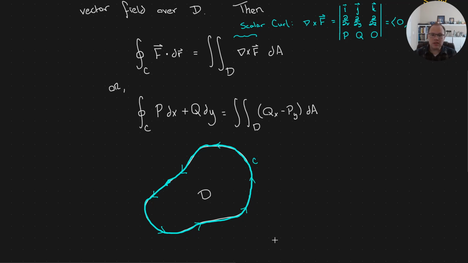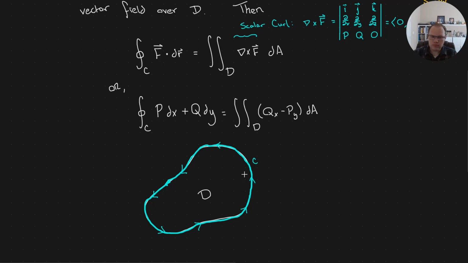So what Green's theorem does is it relates how the vector field is integrated over the curve C with the scalar curl of the function over the full region of the interior D.